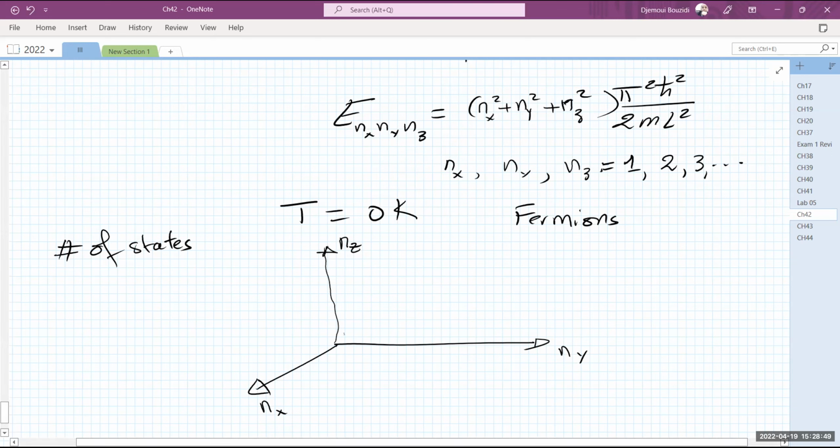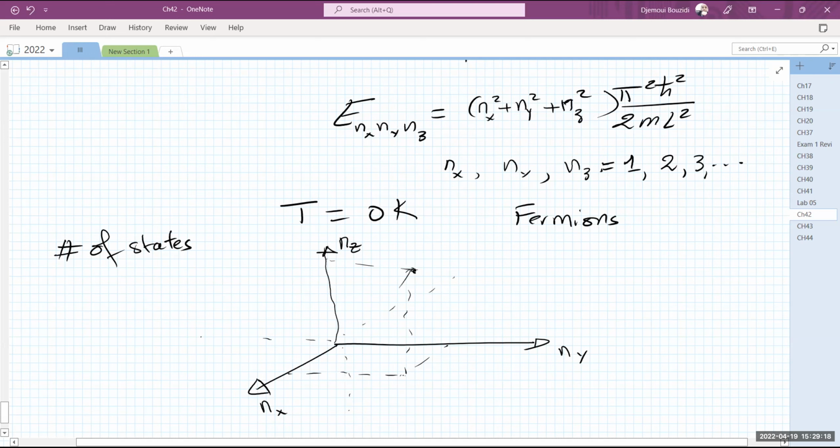In other words, I cannot go into this region of space at all where nx is negative. I cannot go into this region where ny is negative. I cannot go into this region where nz is negative. So the only region that I am focused on, for a given combination of these numbers nx, ny, and nz, is this energy state that is given by this expression.